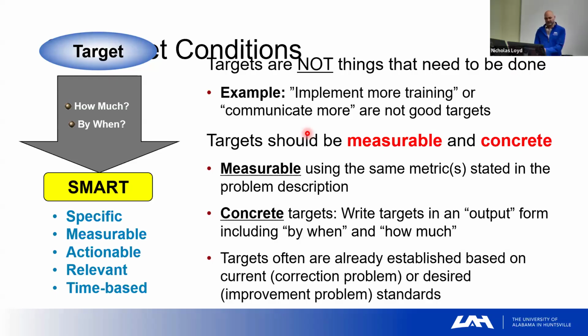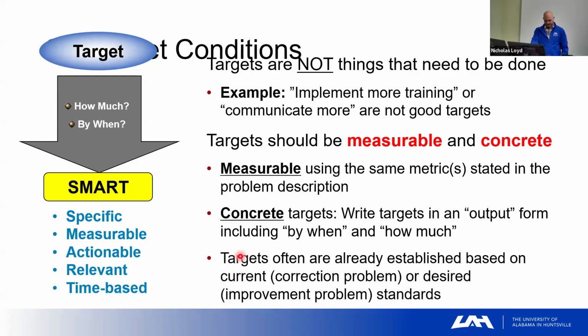The target condition should be stated using the same metric or metrics that you used in the problem description, because that's what you want to improve upon. Very often, if there's an established standard, the target's already there. Or if you have a strategic plan, there may be improvement targets that already exist that you're working toward.